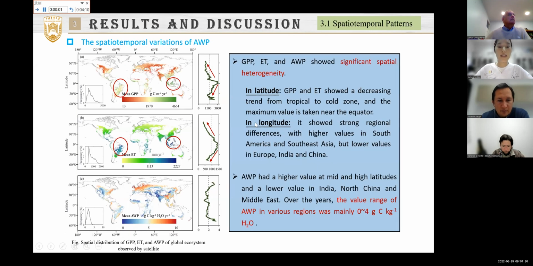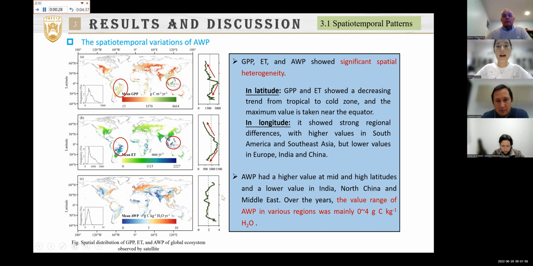Based on the above data and the research methods, we concluded 3 results as shown afterwards. First, the spatial temporal variation of ET, GPP, and AWP in the global agro-ecosystem were quantitatively characterized. The data detected significant spatial heterogeneity and has rules in latitude and longitude.